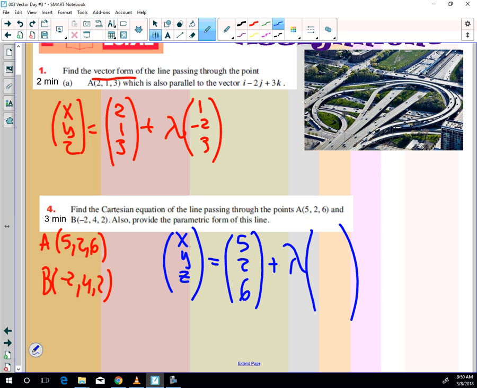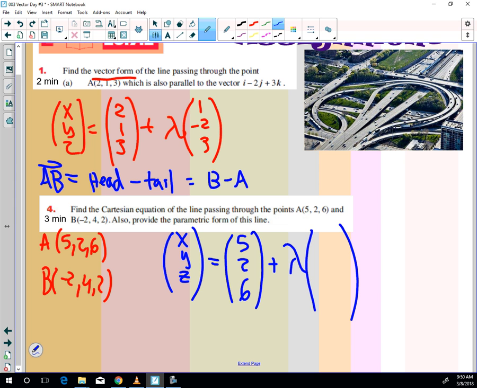Now, the only thing you're going to possibly mess up is finding the direction vector. The direction vector normally is going to be AB. So if I'm looking for vector AB, do I take B minus A or A minus B? B minus A, because it's head minus tail. So would you write head minus tail? Or in this case, it's B minus A. Just write yourself a note.